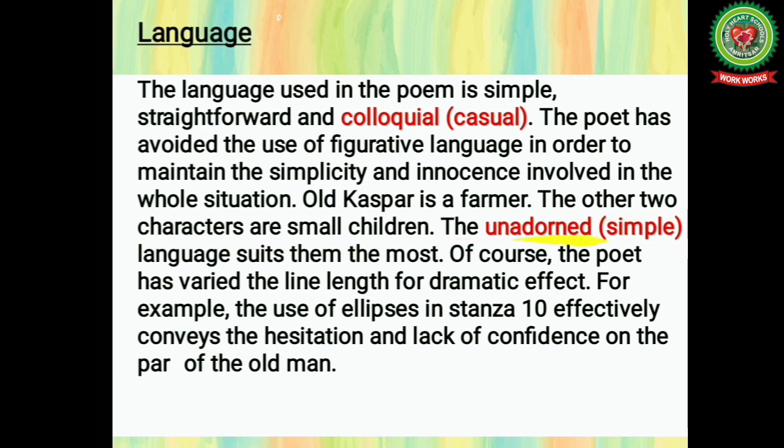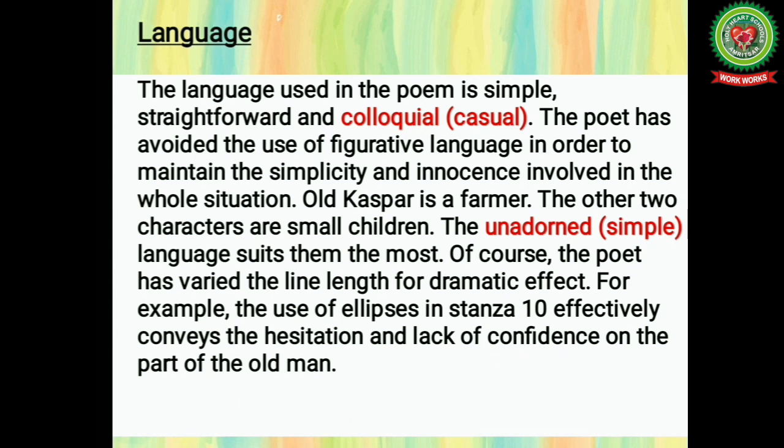The unadorned language suits them the most. Here, unadorned means simple. Of course, the poet has varied the line length for dramatic effect. For example, the use of ellipses in stanza 10 effectively conveys the hesitation and lack of confidence on the part of the old man.